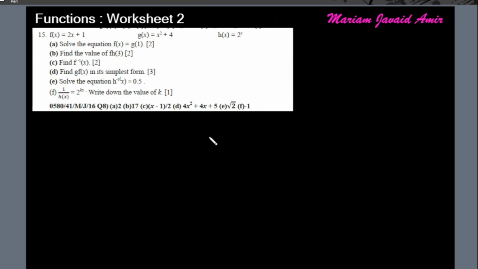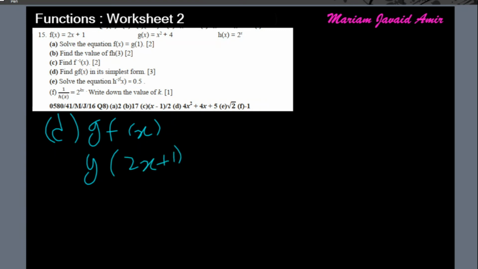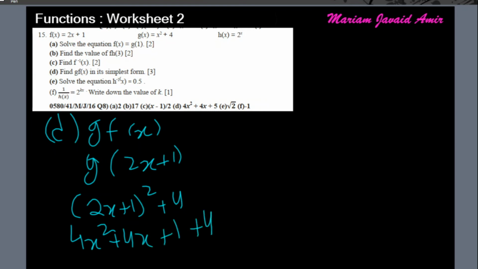Part D, write gf(x) in its simplest form, which means g of f(x), where f(x) was 2x plus 1. Now in g(x) replace x with 2x plus 1, so (2x plus 1) whole square plus 4, this becomes a square plus 2ab plus b square plus 4, so we get 4x square plus 4x plus 5.